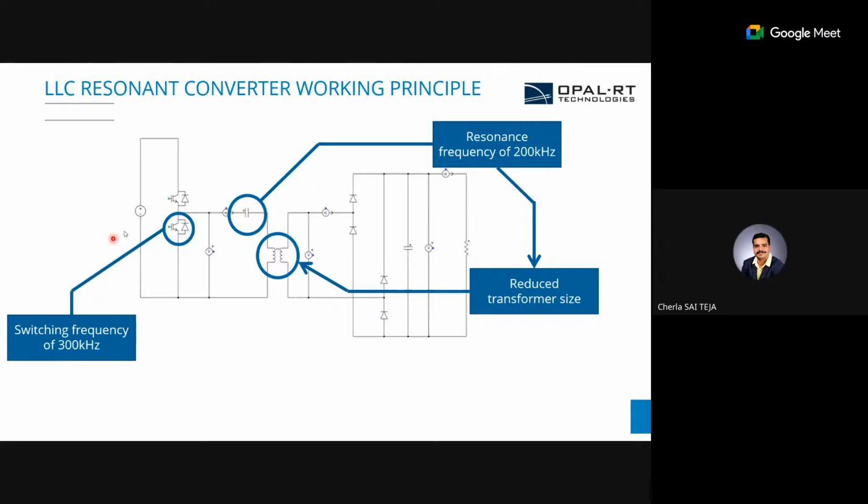Let us say if the switching frequency of this half bridge is at 300 kilohertz, we'll try to have this LLC resonate at 200 kilohertz, which will help you reduce transformer size and charge the battery. The power transfer will happen depending on this LLC resonance frequency, and the step up and step down of the voltage will happen. Let us say if I have a 600 volt DC bus here, and the battery pack is at 400 or 300 volt, that step down will happen and the battery will get charged here.